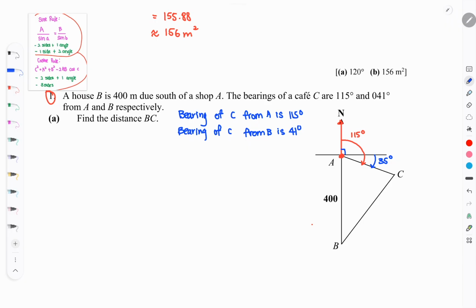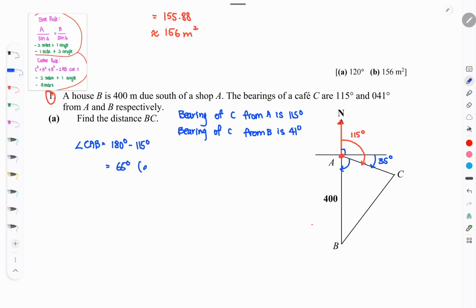Or actually I can just find angle CAB. Angle CAB equals 180 degrees minus 115 degrees, which equals 65 degrees.